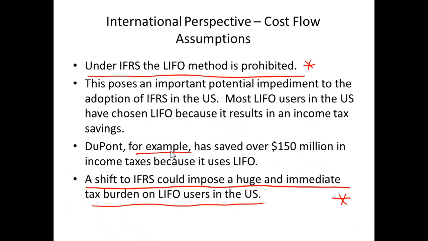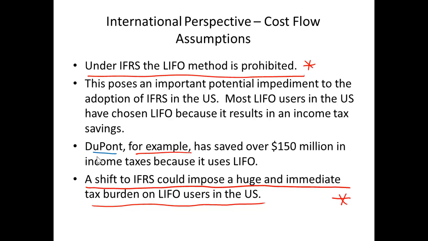Okay, now here's the kicker. Under IFRS, LIFO is prohibited. U.S. companies love LIFO because it saves them a lot of income tax dollars. For example, DuPont in previous years has saved over $150 million in income taxes because it uses LIFO.